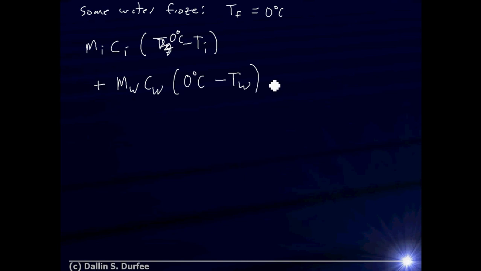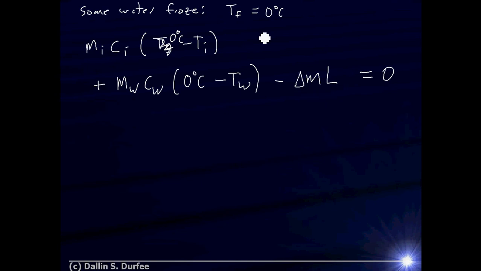That gets the water to 0 degrees C. Once it's 0 degrees C, I'm going to freeze some mass of it. Remember, this is heat flowing into the water. Heat flowing in does not freeze ice. It freezes water, it melts ice, right? So this is going to be a negative heat flowing into the water, negative delta M times L, where delta M is the amount of water that we freeze into ice. And that should all add up to 0, right? I cool the water down and then I freeze some of it, and I'm done.